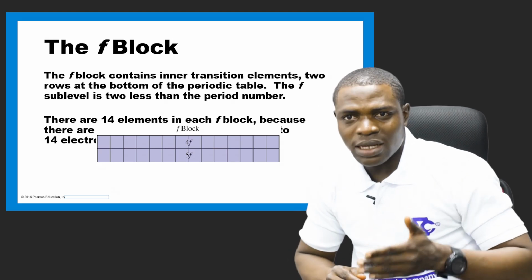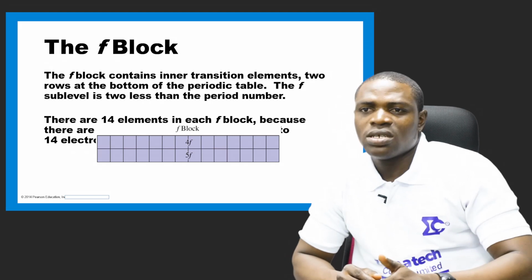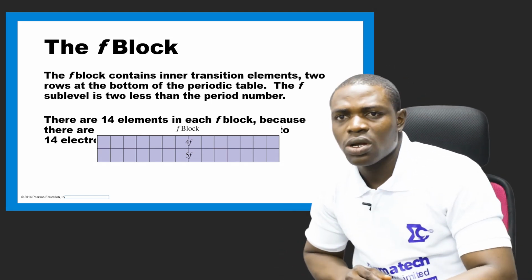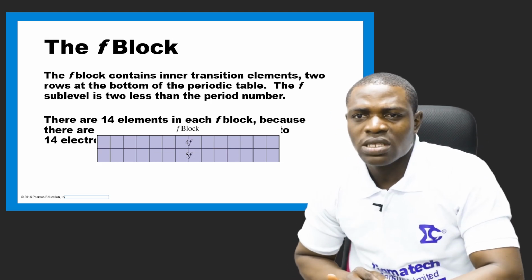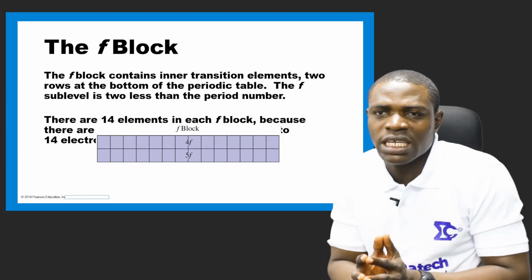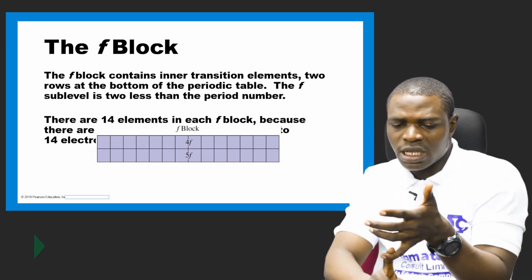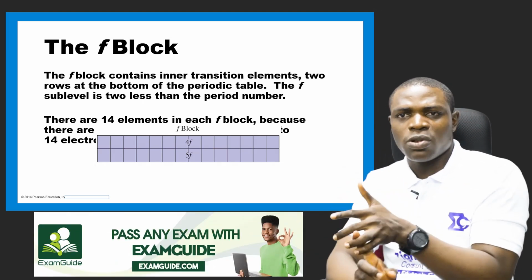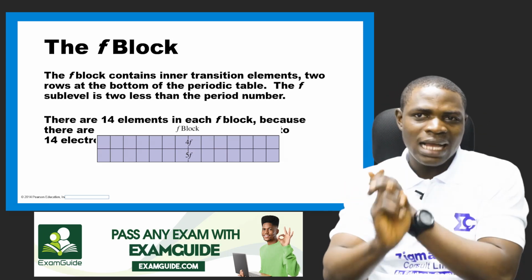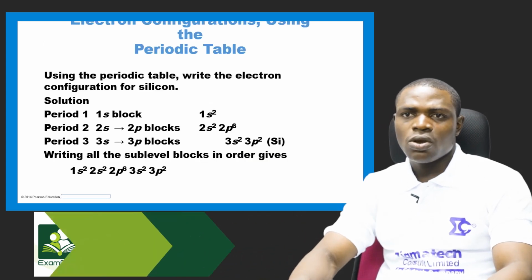Instead of 1, the F block sublevel is 2 less than the period number. There are 14 elements in each F block row, because there are 14 electrons in their orbital. So 14 electrons in the F block orbital, 10 electrons in the D block orbital, 6 electrons in the P block orbital, and a maximum of 2 electrons in the S orbital.